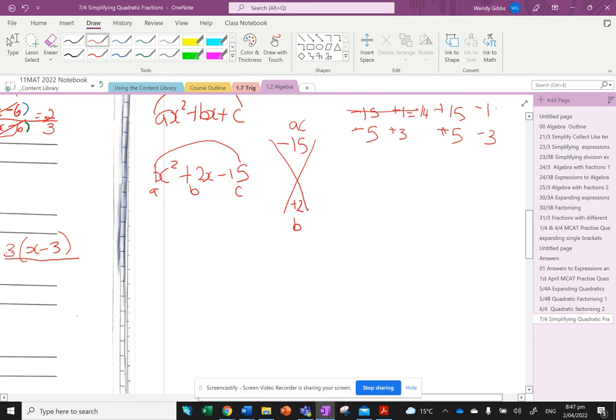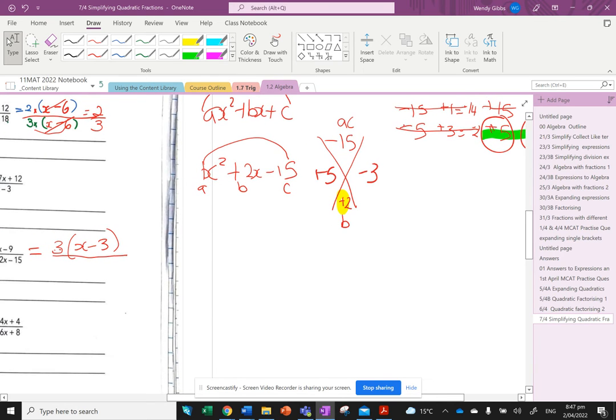That's wrong. This one makes positive 14. That's wrong. This one makes negative 2. That's wrong because we want positive 2. We want this one. Positive 5 minus 3 makes positive 2, which is what we want. So these are our two factors, positive 5 and negative 3.